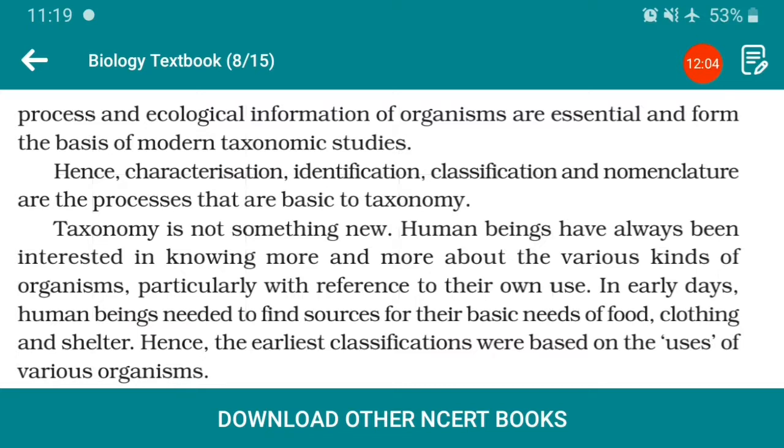Human beings have always been interested in knowing more and more about the various kinds of organisms, particularly with reference to their own use. In early days, human beings needed to find sources for their basic needs of food, clothes and shelter. And today in the technological world, this classification helps us to identify the various organisms.